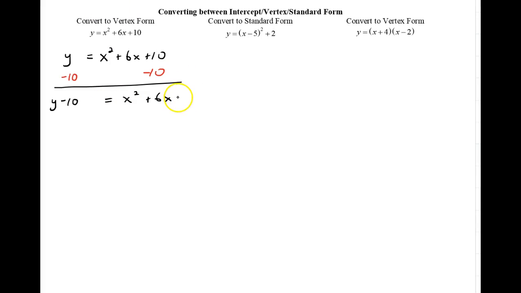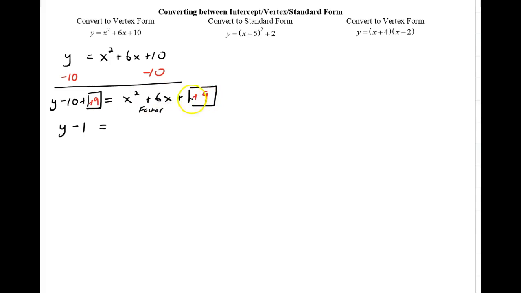And so to complete the square, draw our little square. And we look at this. What's half of 6? Squared. And so I'm going to put a 9 here and a 9 here. So on the left side, the -10 plus 9 gives us y minus 1. Here on the right, we want to factor this.